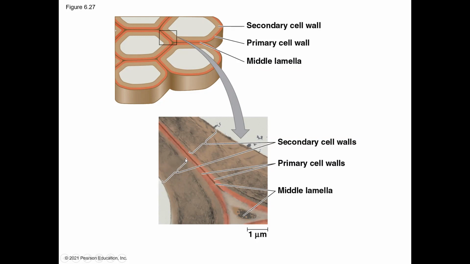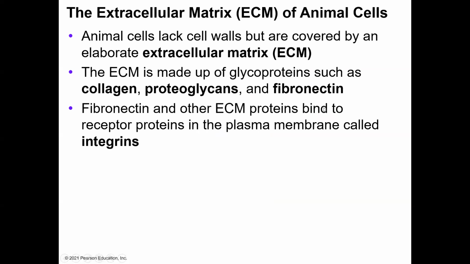As the cell gets older, depending on what kind of cell it is, it will produce a very thick secondary cell wall and excrete that out, which pushes the primary cell wall further out until it comes into contact with the next cell. So plant cells, in my analogy, are kind of like bricks, and so it's very structurally stable.